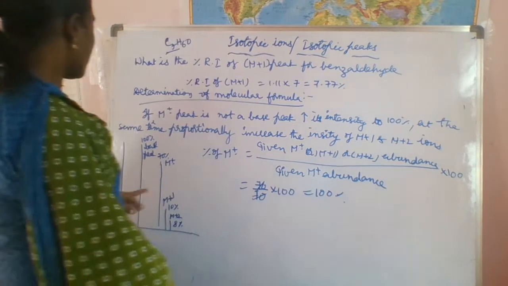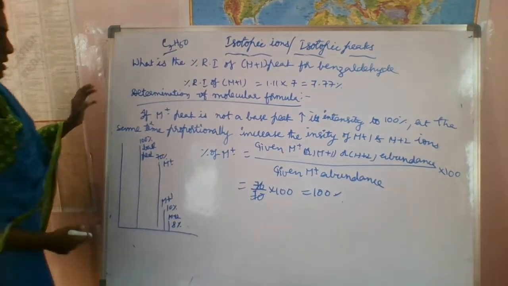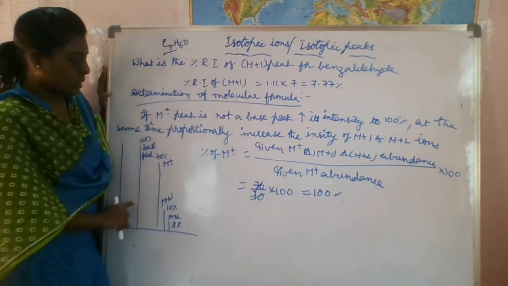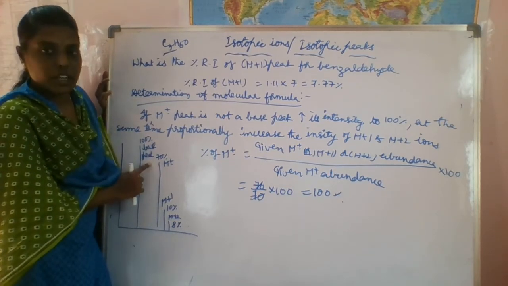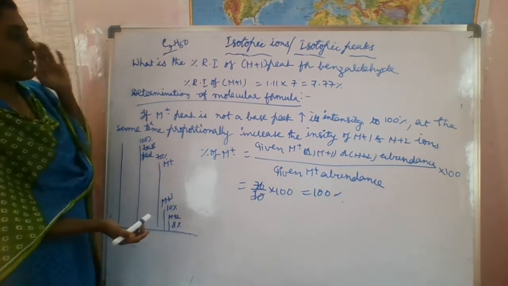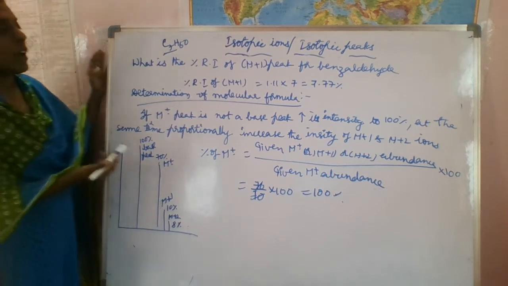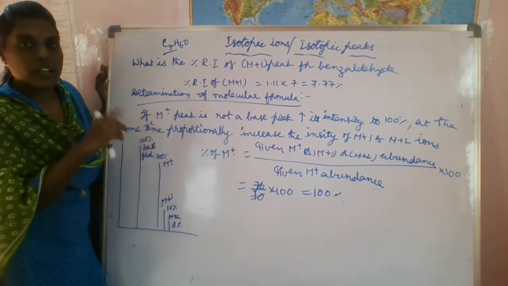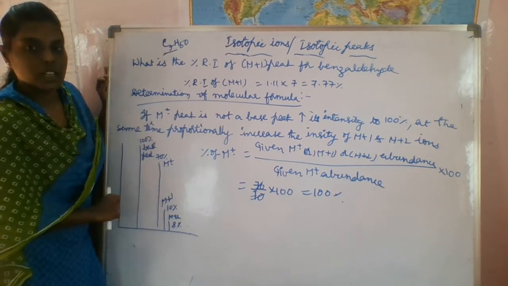If you see this spectrum, the 100% peak is called the base peak. If it is not a base peak, we have to increase the molecular ion to 100%.